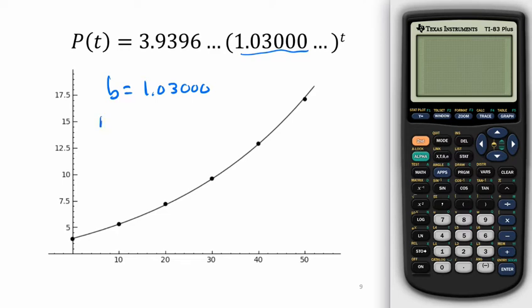That translates to an R value, R is base minus 1. I'll do it to full precision, but we can see what the result is going to be. My calculator is still in the current settings. So I just ran that exponential regression.